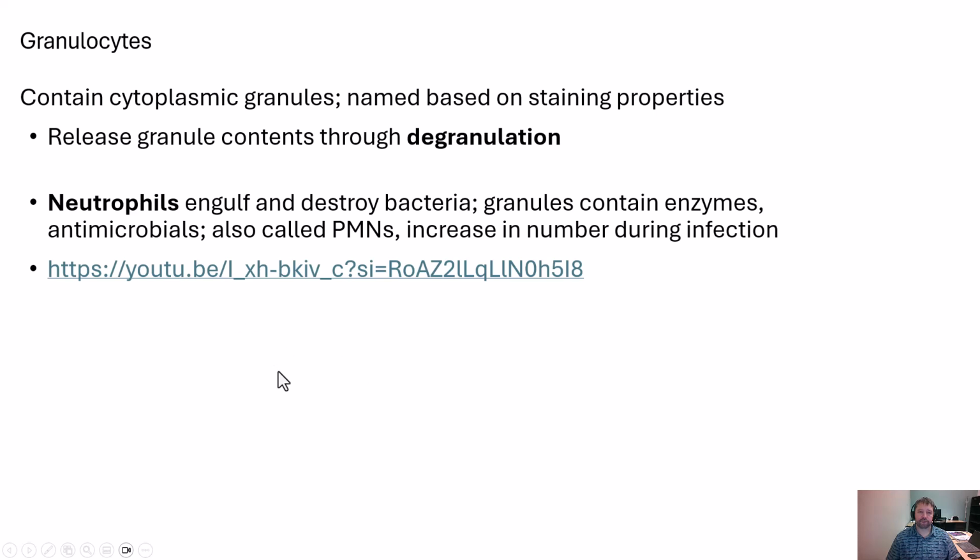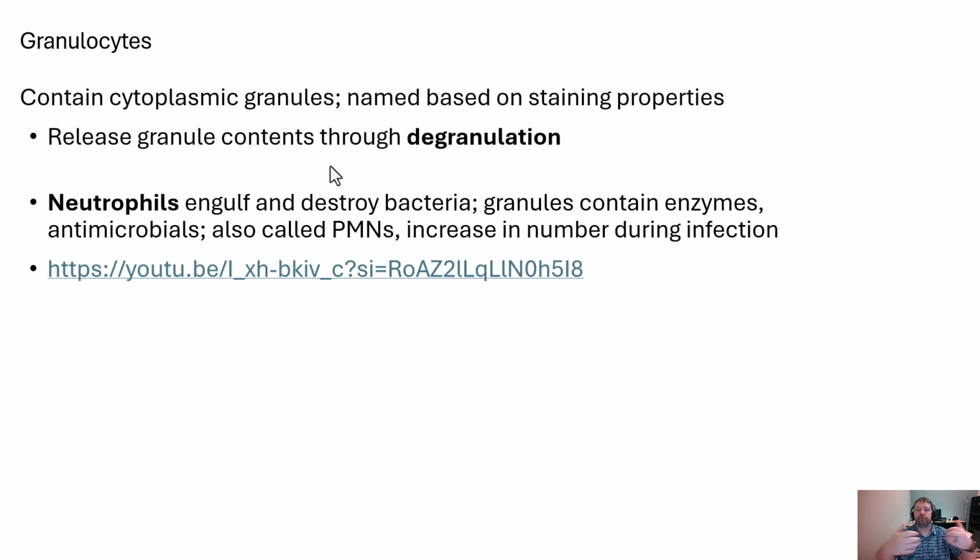When those granules are released, we often call it degranulation. This can happen in a couple of different ways. Sometimes the granule itself can be pumped into the foreign body or released onto the foreign body. Sometimes this happens when granulocytes attack things like parasitic worms.